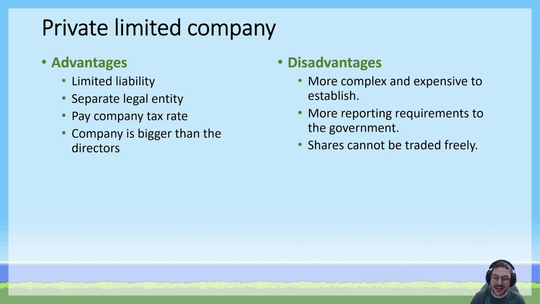Disadvantages for a private limited company are that it is much more complex and expensive to establish. The process of incorporation requires lawyers. You're going to have accountants. It'll take a long time and a lot of effort. Compared to applying for an ABN and registering a business name with ASIC, much more, infinitely more complicated and expensive.